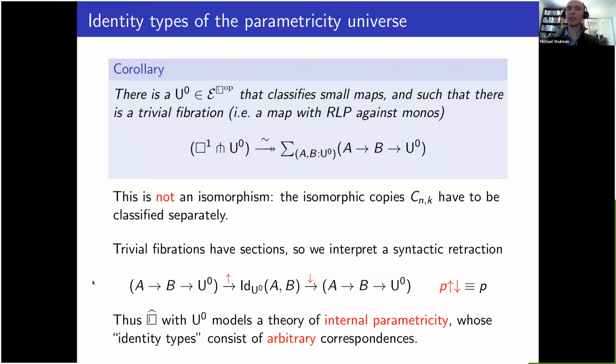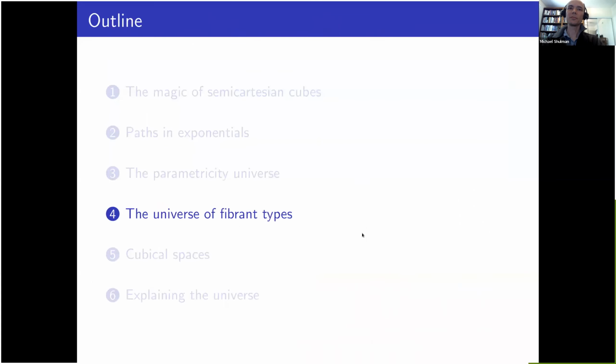So this is the first step to a universe where we construct this parametricity universe, where the identity type essentially acts like arbitrary correspondences rather than equivalences. Now, as Steve was saying, we have to put in fibrancy in order to get the equivalences.